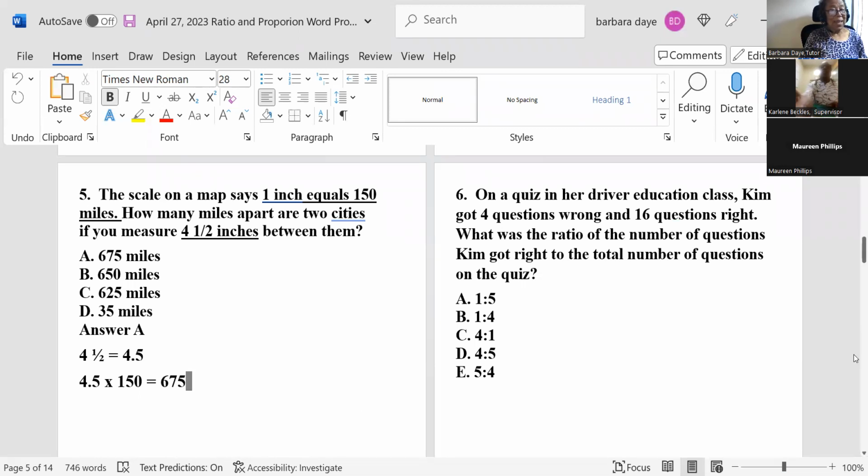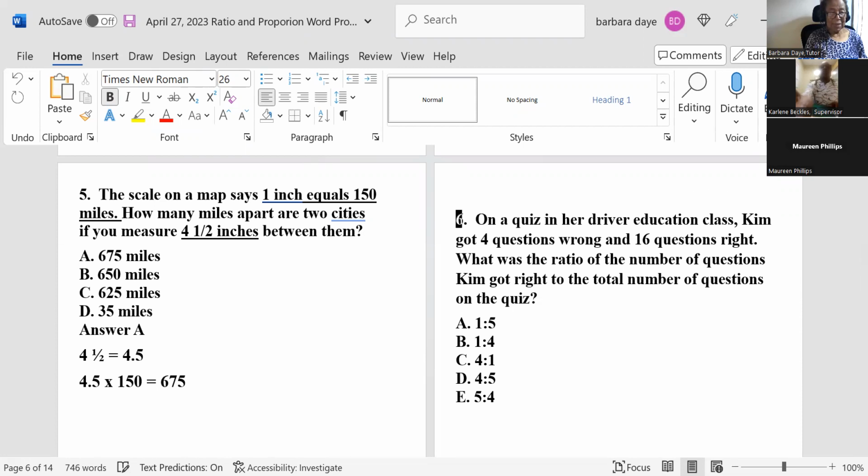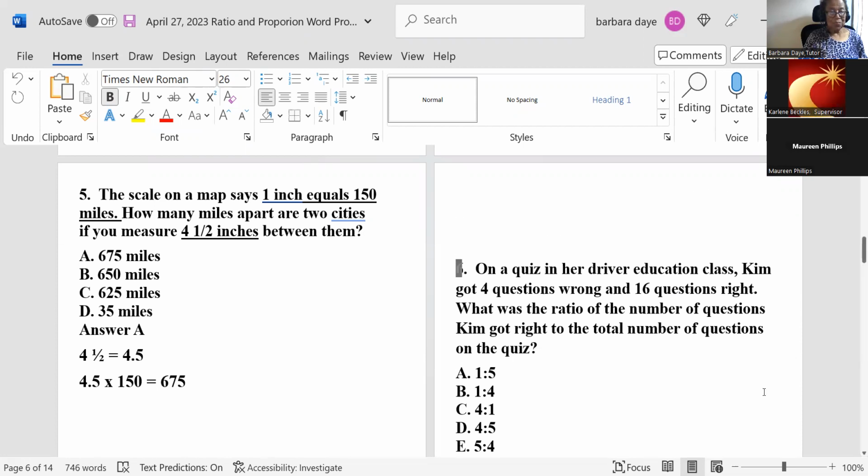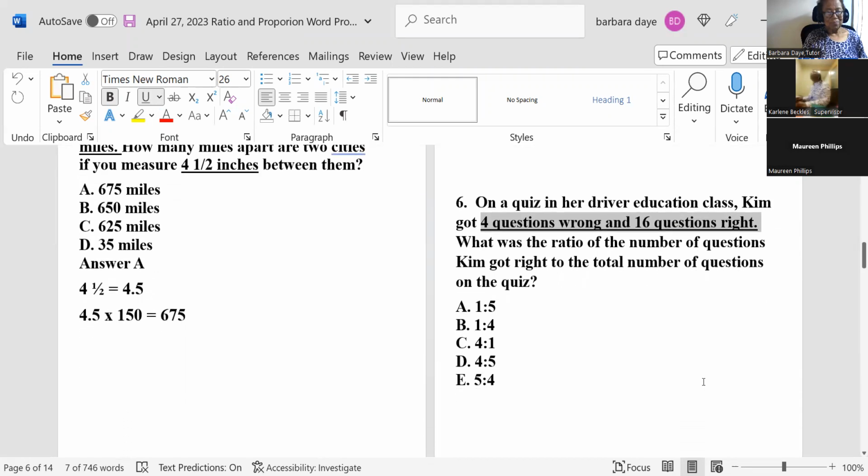Okay, number 6. Tim got 4 questions wrong. So there's a ratio right there. 4 wrong, 16 right.